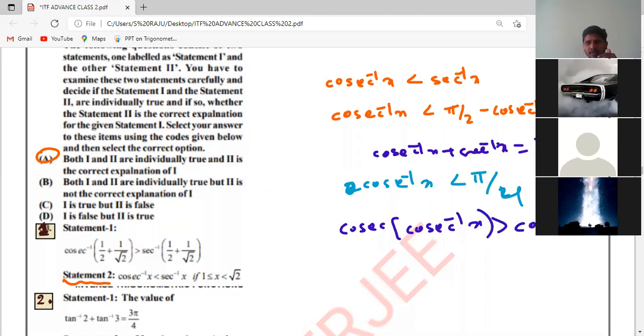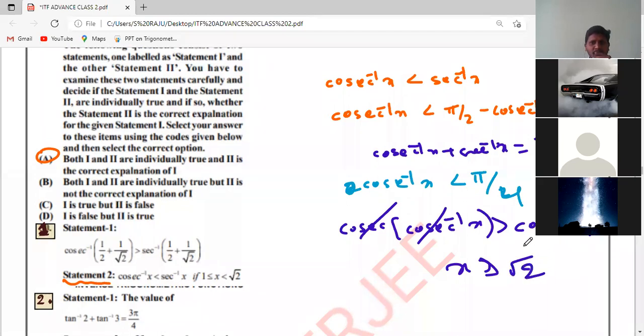Greater than cosecant of pi by 4. Very carefully how to do here. Cosecant cancels here. x greater than cosecant 45. Is cosecant 45 equal to 1 by root 2 or root 2?